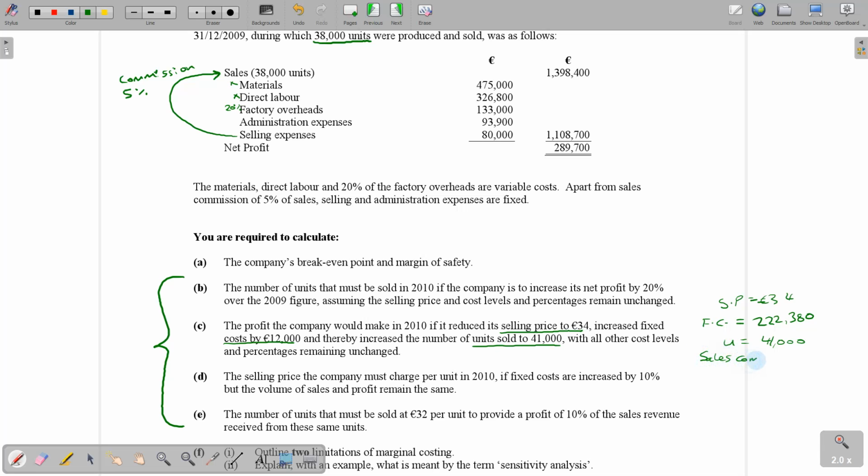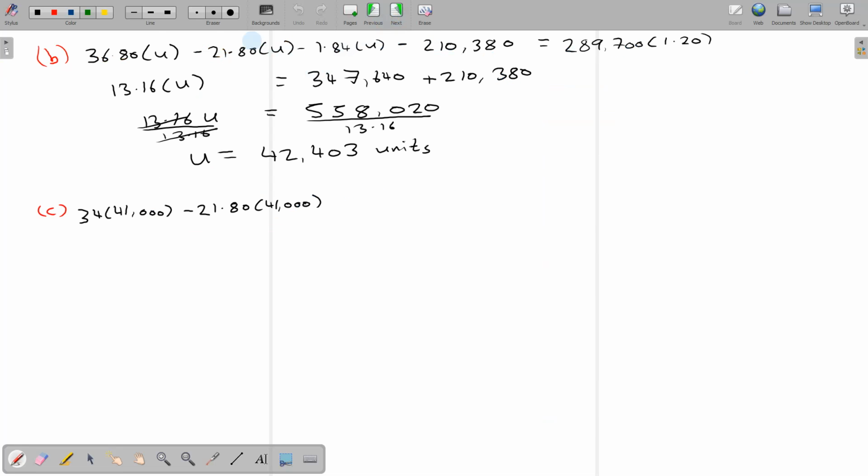Sales commission equals 5% of €34, which is 1.70. So the sales commission is now 1.70 by 41,000. So you can see there that sales commission has decreased with selling price. So we always try and segregate variable costs and sales commission. Just the easiest way to do it.